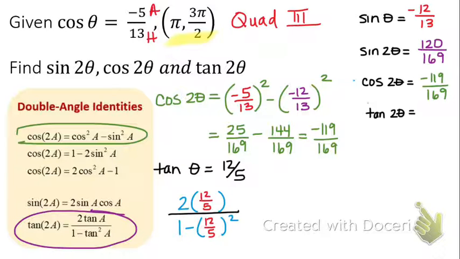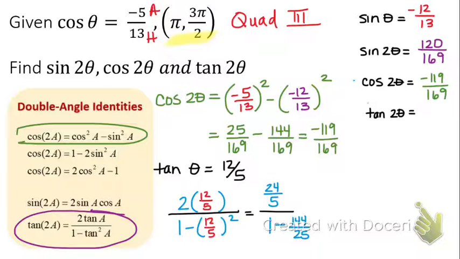It seems to be the easiest. My numerator is 24 over 5. Does everyone see how I got 24 over 5? I just multiplied 2 times 12, because that 2 has an imaginary 1 under it, so 2 times 12 over 1 times 5. And that's all over 1 minus 12 over 5 squared, which is 144 over 25.